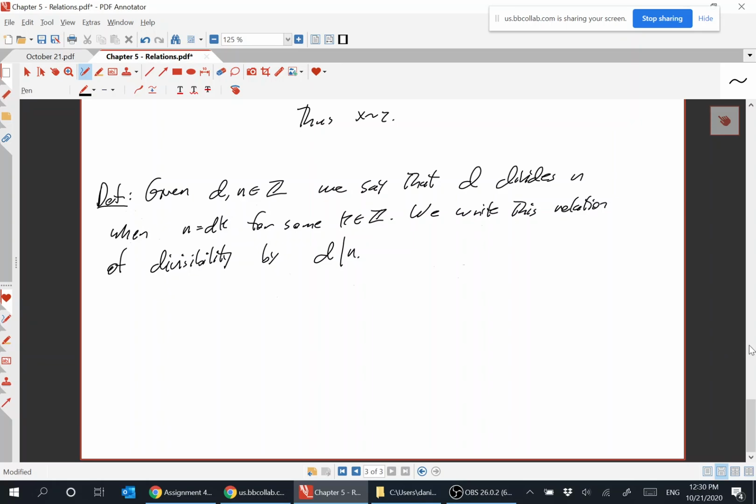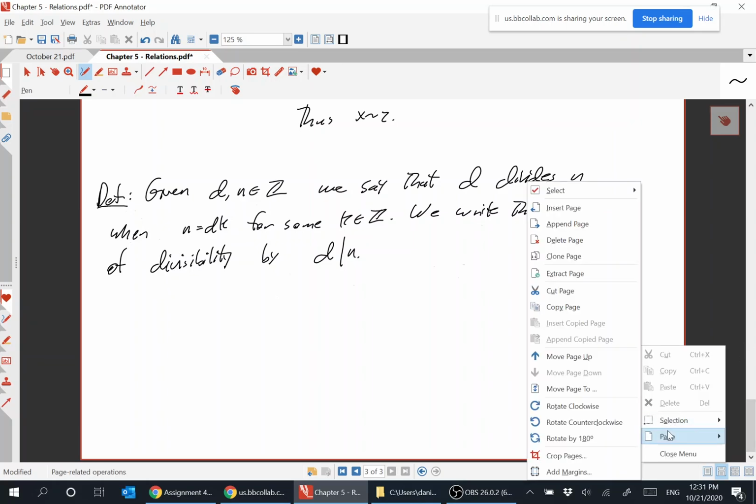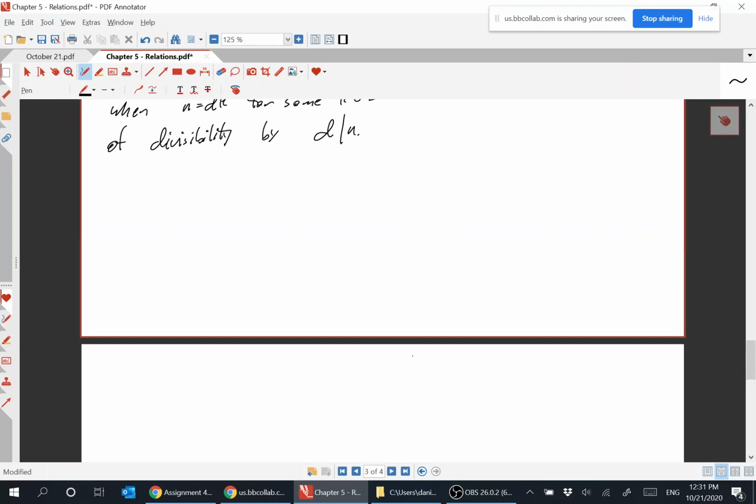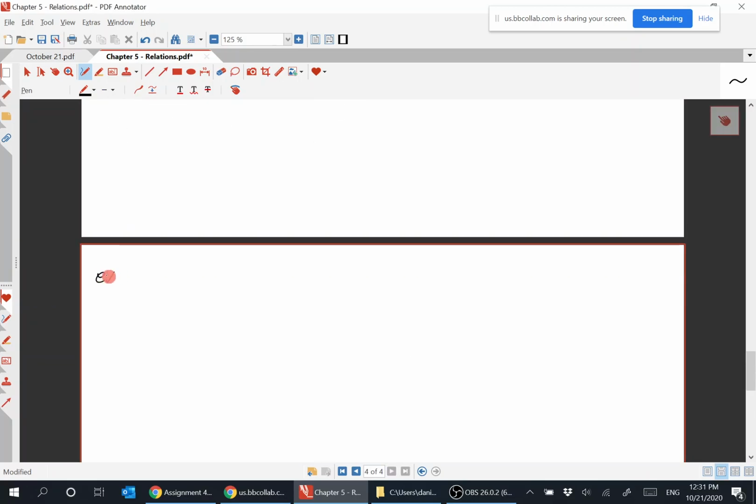So another example of an equivalence relation. Even means 2 divides n. So let n be a positive integer. We define a relation on all of Z as follows.